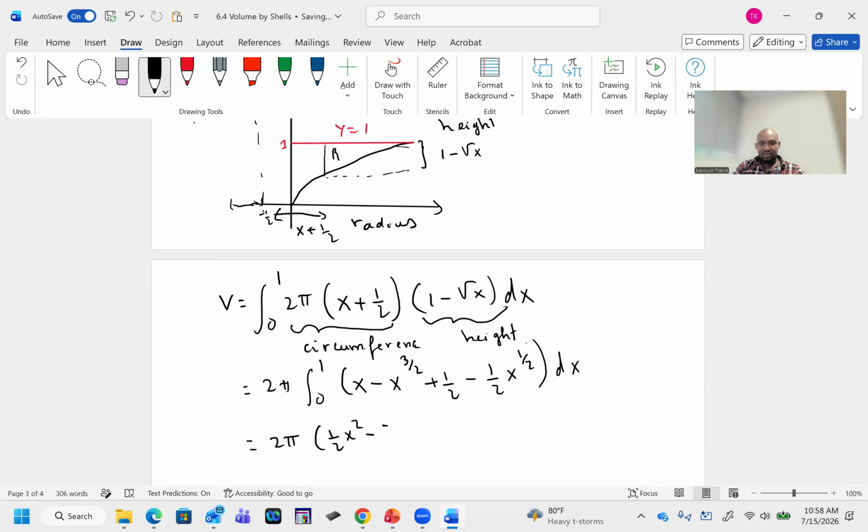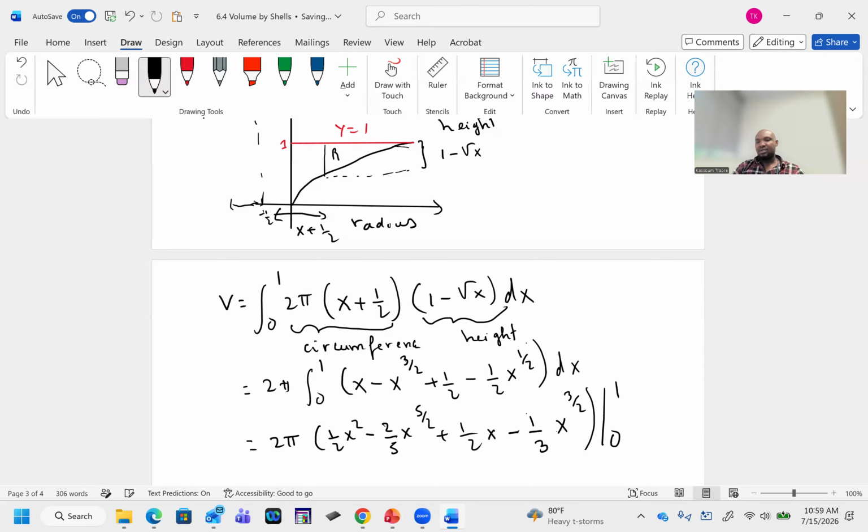Minus 2 divided by 5 X to the power of 5 divided by 2, plus 1/2 X squared, then minus 1/3 X to the power of 3 over 2, from 0 to 1.